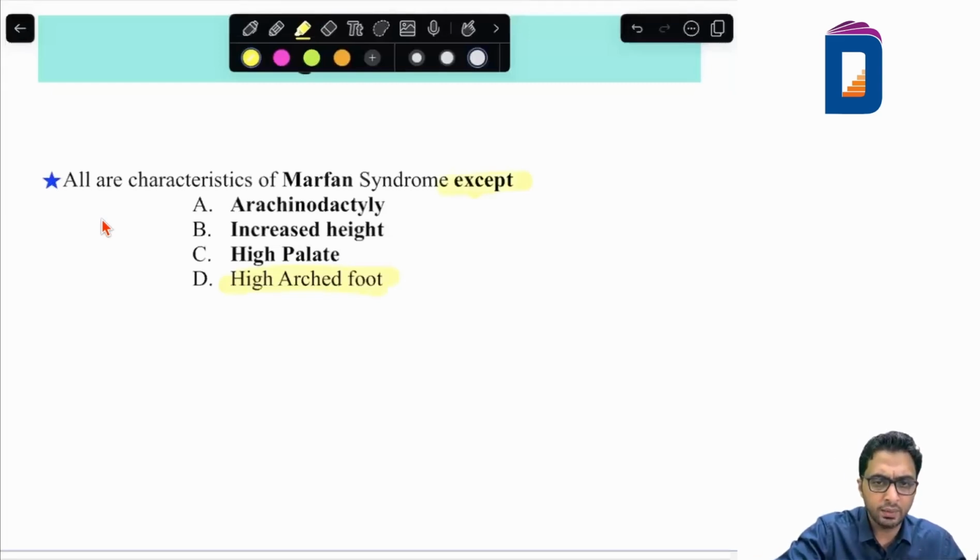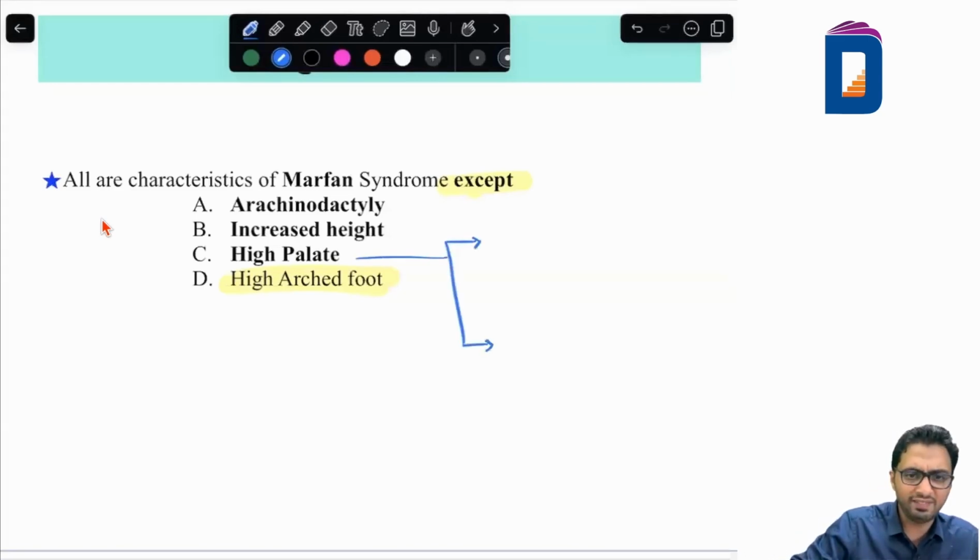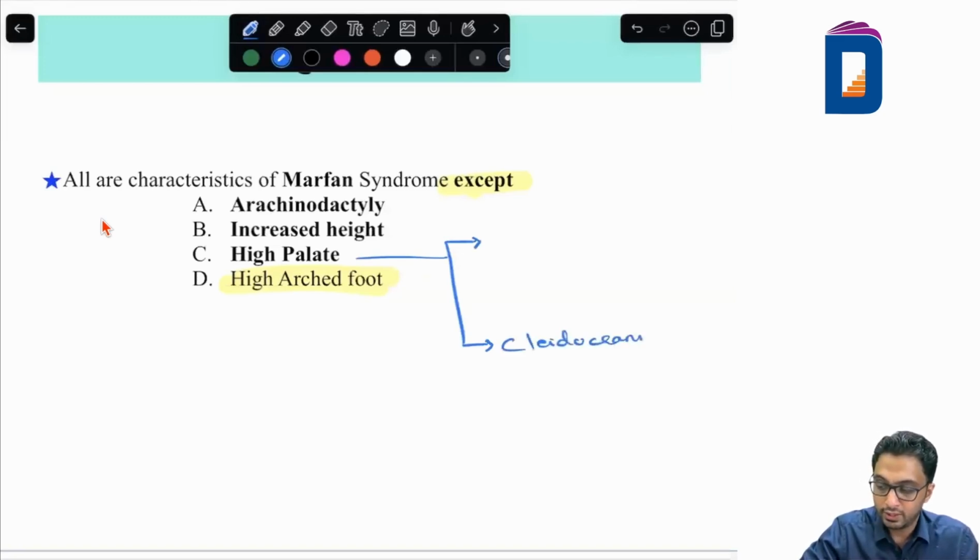Now, can anyone tell me any other lesion which is associated with high arched palate? Even cleft lip and palate are also associated with that. Just give me two lesions. This is how advanced discussion will go. It is actually conditions associated with premature closure of the sutures. Exactly, very good. Cleidocranial dysplasia.